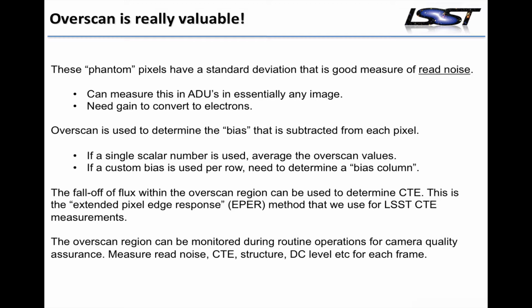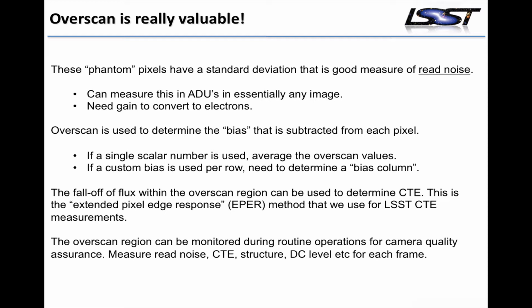And so in any image that has an overscan that's reliable and that's not polluted by trailed flux from bad charge transfer, you can look in the overscan to determine the read noise in A to D converter units just by taking the standard deviation. In order to convert that read noise into electrons, you need to know the gain in the signal processing chain, the conversion between ADUs and electrons.